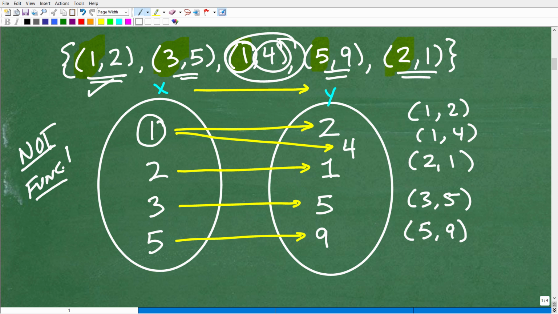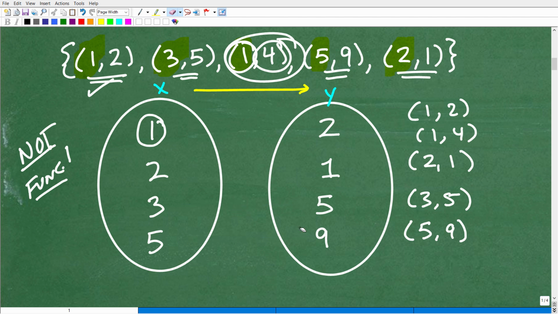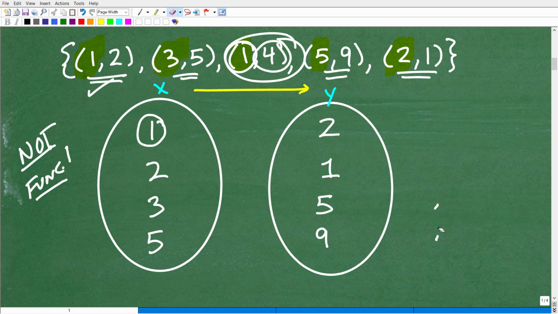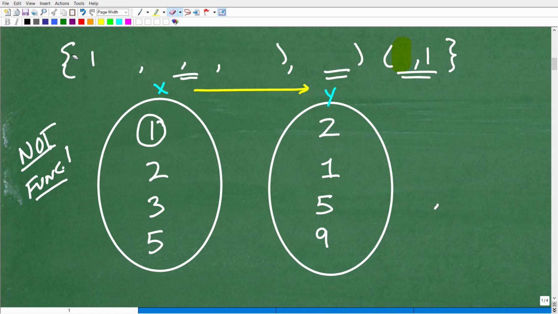So a function is every x has one and only one unique y. If you see this kind of split from an x going to 2 or more different y's, that is not a function. Okay, so let's do something interesting here. Let's play around with this just so we can look at it further. Let's erase these points here.